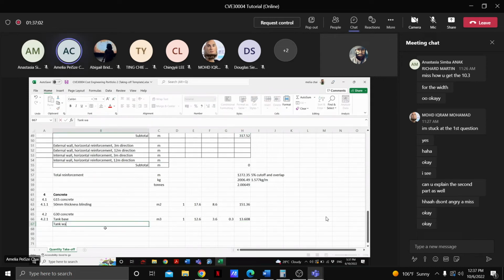And you have your tank wall, the 12-meter wall and 3-meter wall first, in meter cube. So we take it as 3 multiplied by 0.3 multiplied by 2 meters height.